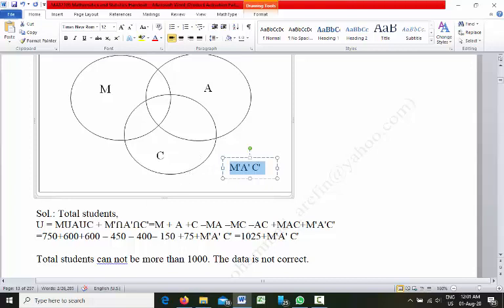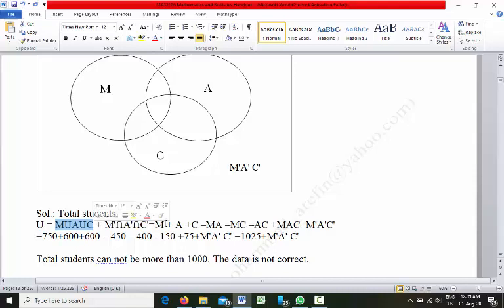So we all know the formula for M union A union C is equal to M plus A plus C minus MA minus MC minus AC.